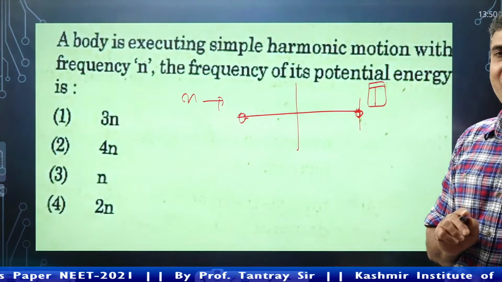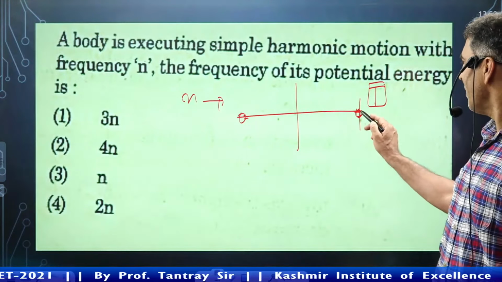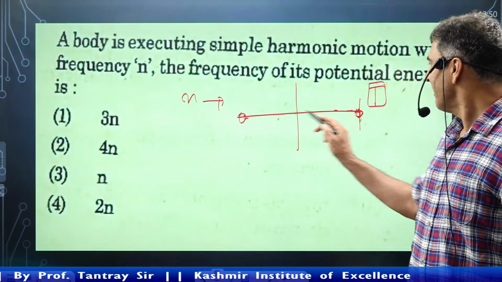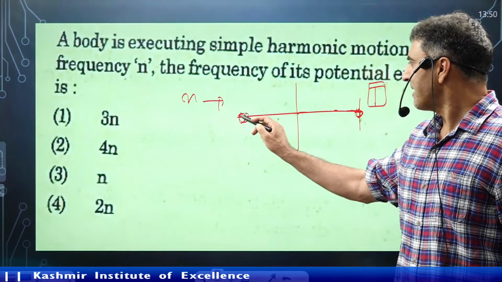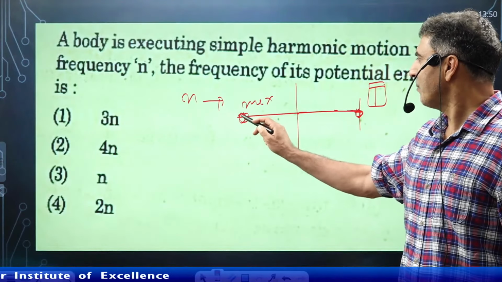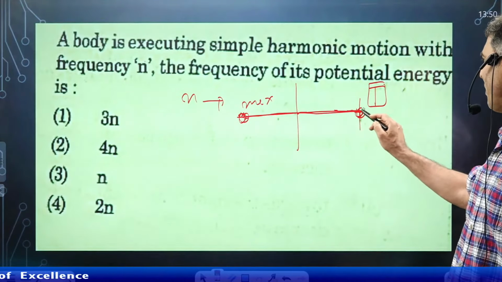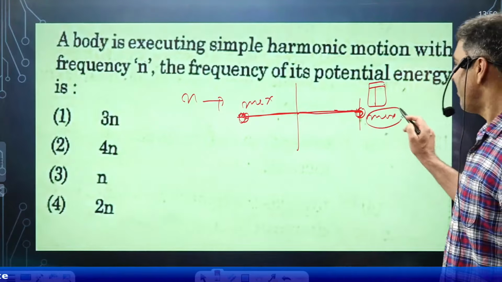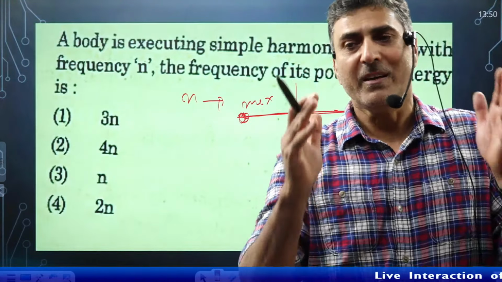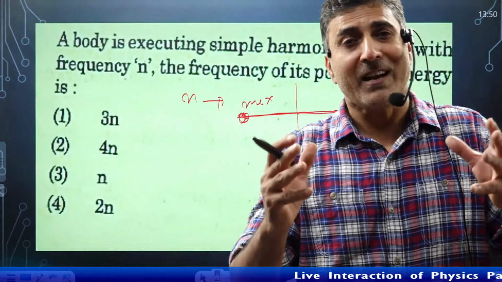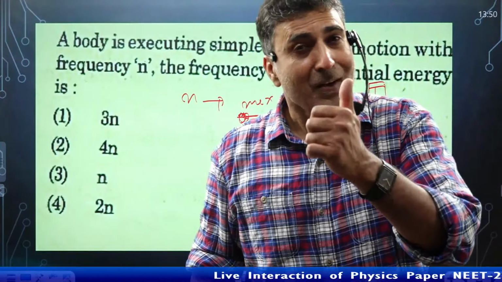In one time period, what does the particle do? It goes here, and here potential energy is maximum at the extreme position. Comes back here, again potential energy is maximum. So it achieves the maximum value of potential energy twice in a single oscillation.